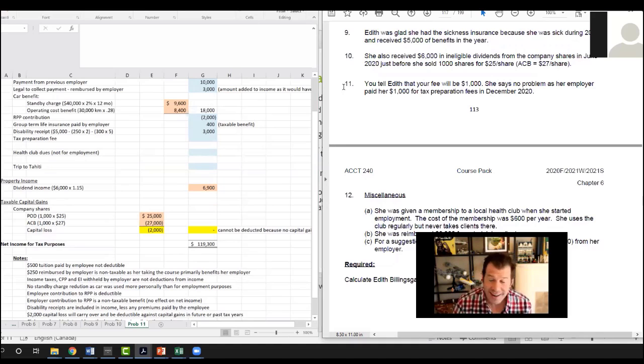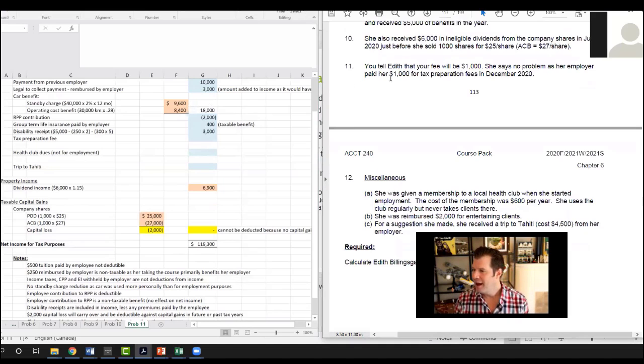It's not very hard. Okay, that's awesome. Her employer paid $1,000 for tax prep fees in December 2020. Okay, if your employer gives you $1,000 so you can do your tax return, that's a taxable benefit. You cannot be like, oh, a free $1,000, cool.